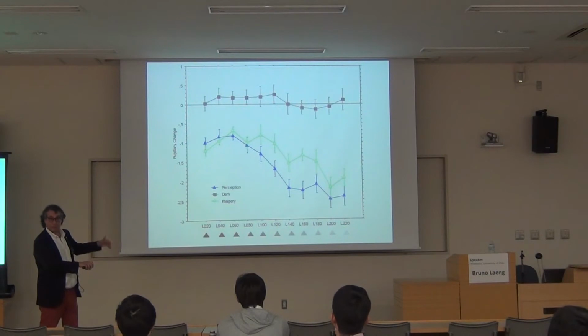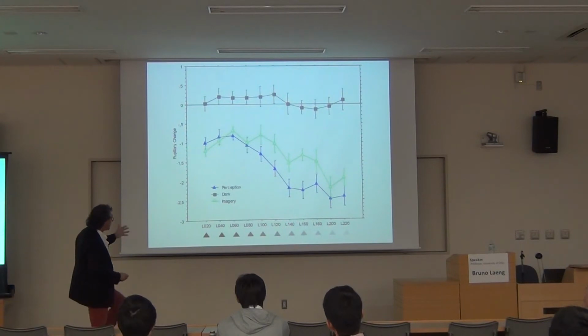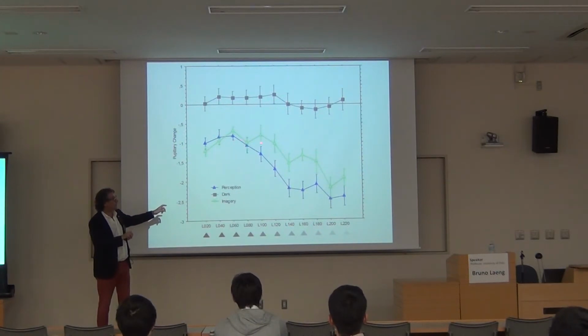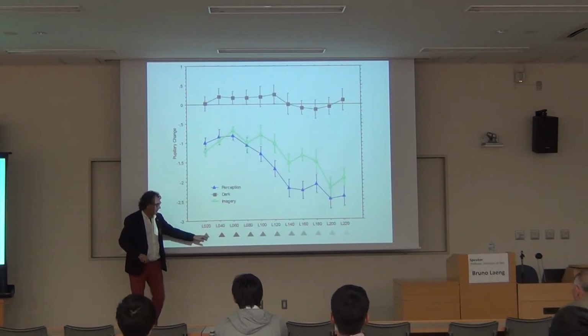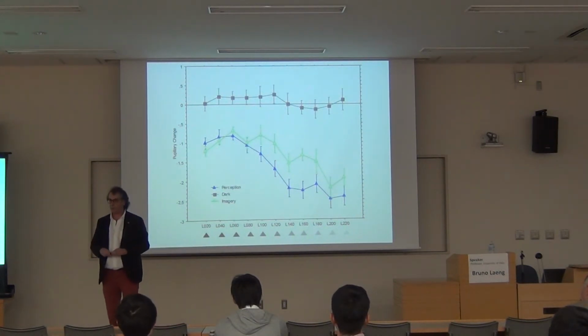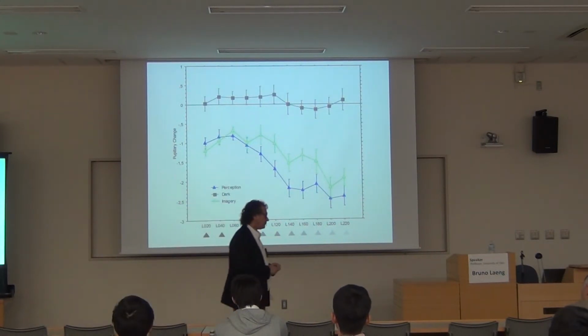Okay? That should be that way in perception. This is absolutely normal. What instead should be surprising is that the green line, this is when there is nothing on the screen, is also highly correlated, and it also constricts with the imagining of triangles that become progressively more luminant. So this is the key finding.